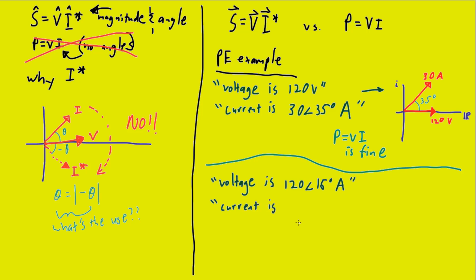So let me say that real quick one more time. If the question provides you with voltage angles and it also gives you current angles, then the PE has not set up a relative difference, it has set up absolute angles. In that case, the P equals VI will not work.